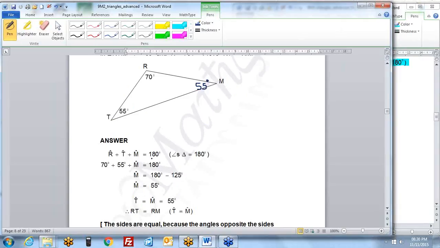Therefore, the side opposite this angle, which is this one, is equal to the side opposite the other twin angle, which is this one. So therefore, RT equals RM, because angle T equals angle M. So remember, the reason is extremely important.